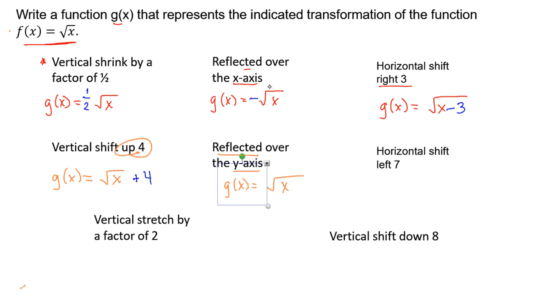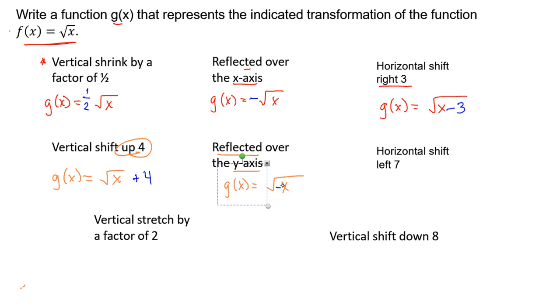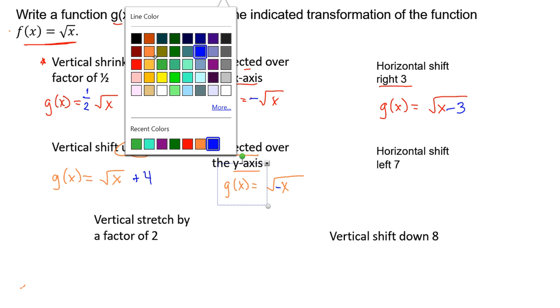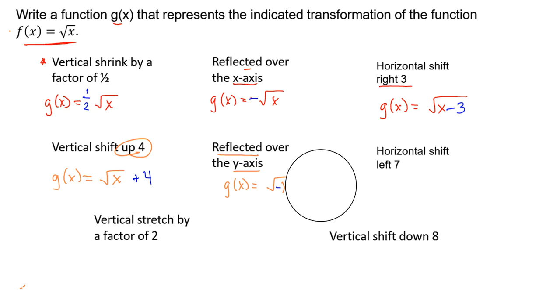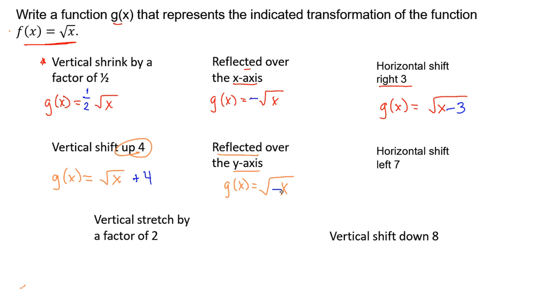So we're going to put a little negative inside there with the x. So we had square root of x and we threw negative inside because it was over the y-axis.